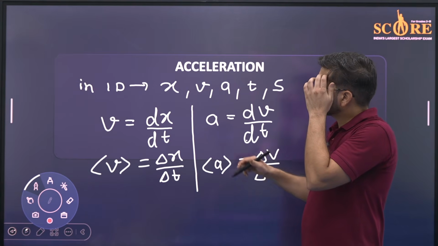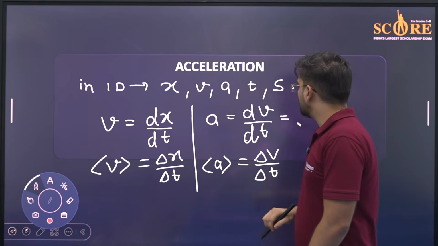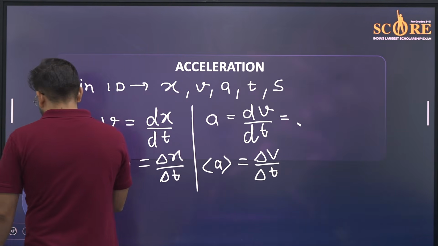By using this formula dx by dt, we can also derive another form of acceleration.